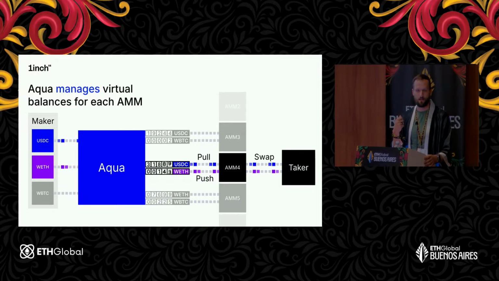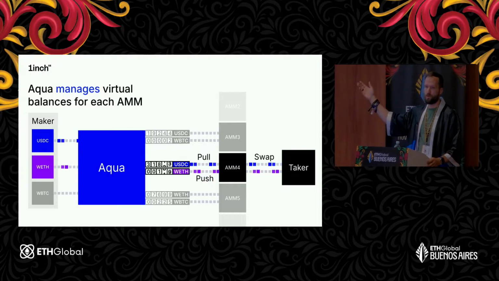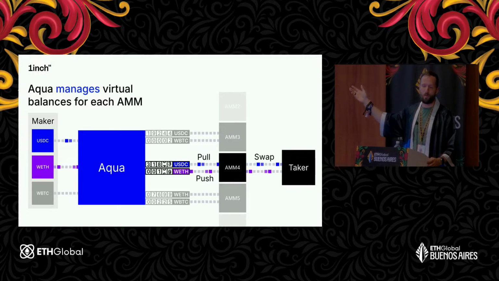Pulling assets from the Maker wallet makes those virtual balances decrease. Pushing makes them increase. Initially, the AMM can get access to the initial balances, but whenever it changes balances, it can get access to everything that was brought in. For example, it could pull all the USDC and push a lot of wrapped Ether.